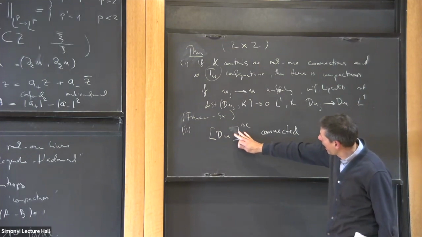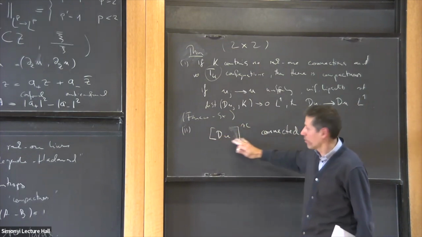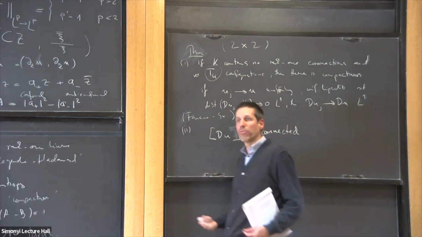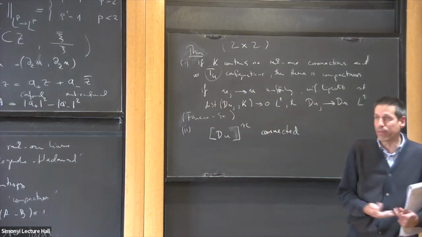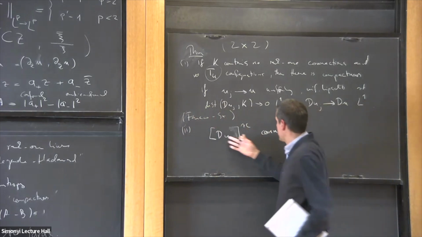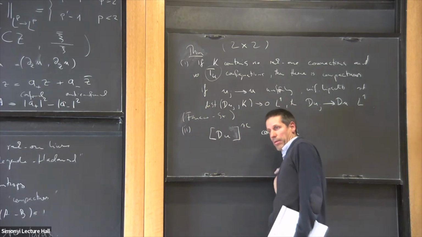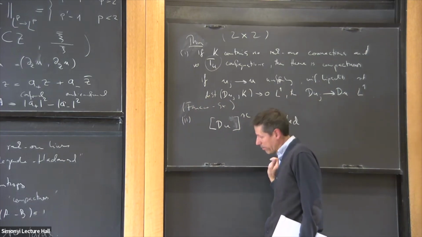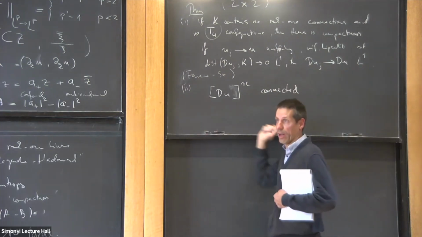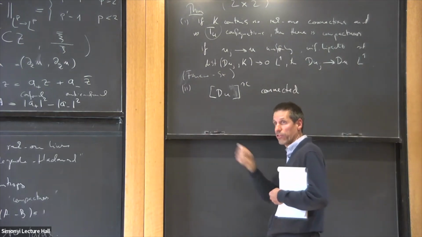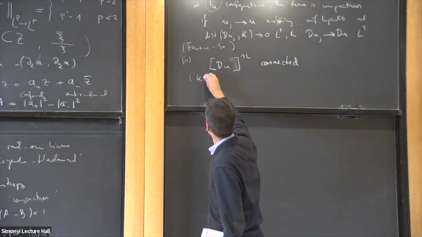You can have mappings whose gradient set does not contain rank 1 lines, like conformal maps or solutions of elliptic equations. But then the gradient set has to be connected. So this is, if you like, a weak regularity statement. If you have jumps, you have to have jumps along rank 1 lines. Okay, so this is where the application is.